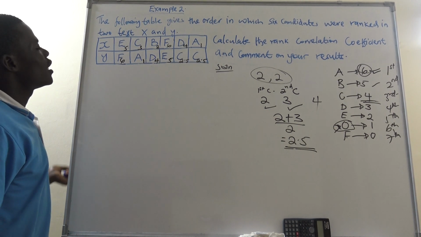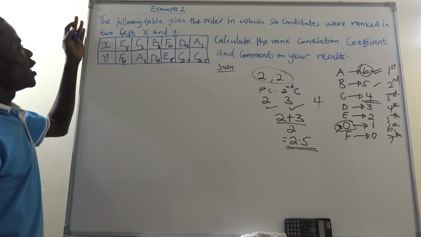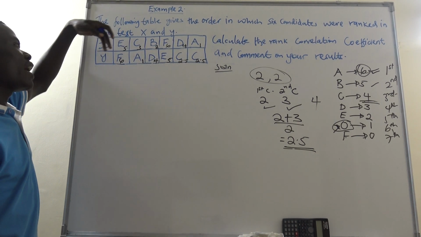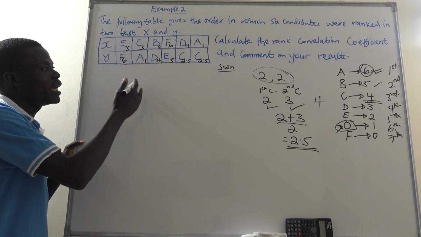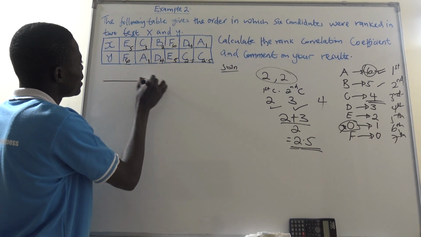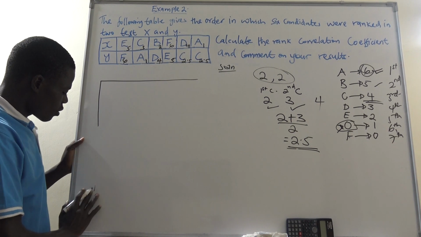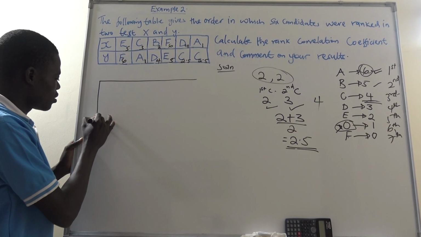There we finish ranking the marks obtained in the two tests, X and Y. Then we organize it in our table. The first column is the candidates.